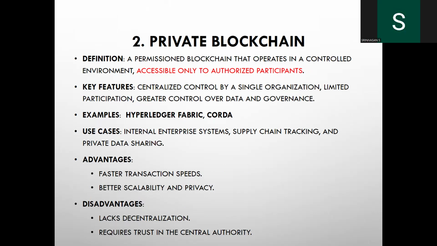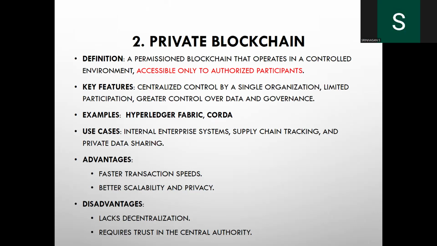The next category is private blockchains. Here, the access of the blockchain is controlled. So only very few nodes and their users can access the data in the blockchains. Typically, the access is controlled by a single organization, and very few users can access the data.